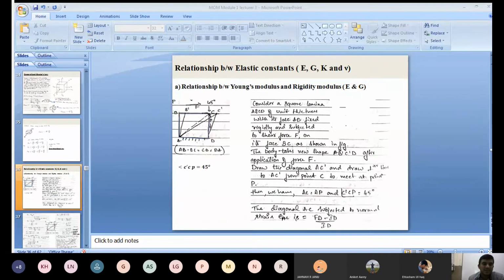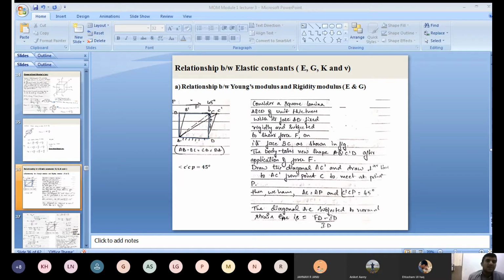But you should at least know the relation between Young's modulus, shear modulus, bulk modulus and Poisson ratio. You can expect a minimum of one question, not only from the exam point of view for the semester. When you apply for competitive exams after completion of your 4-year degree course, 1 or 2 questions will come from these relations.